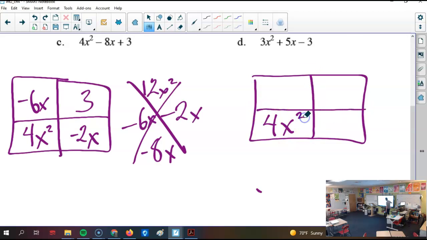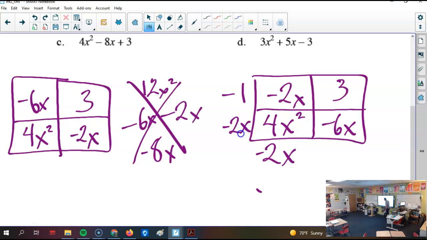Here's my question. Does this still work? I think it works. It's negative 2x and 1 and negative 2x and 3. Oh, you made your B's negative. And then the 1 is plus.